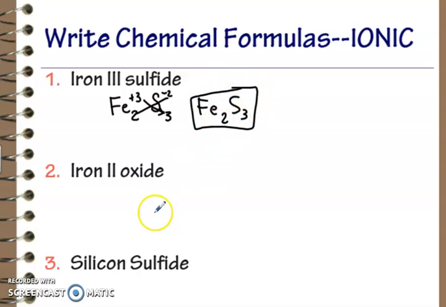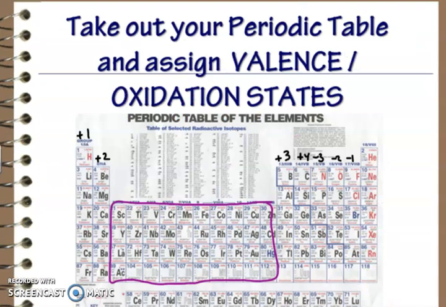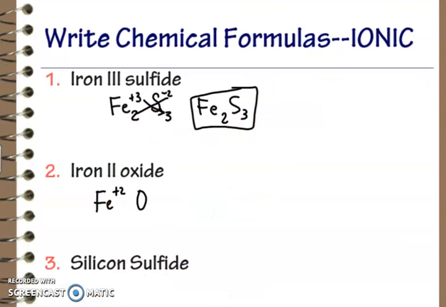It's just big. Okay, iron 2 oxide, so we got that Fe again for iron, with a +2 charge. Then oxide is oxygen, and it is actually in sulfur's family. Oxygen is a -2.